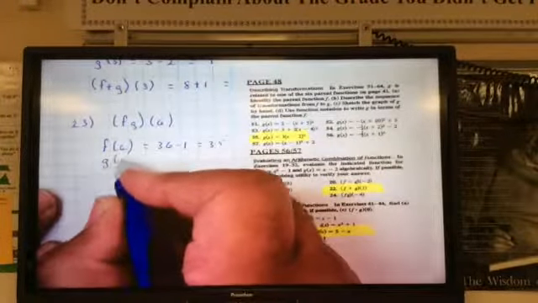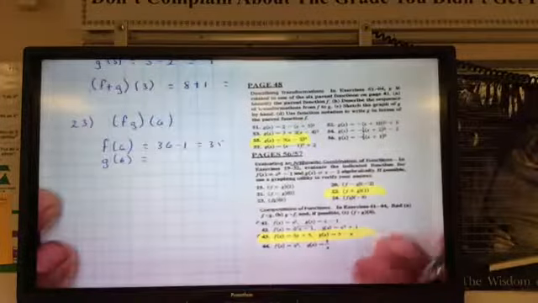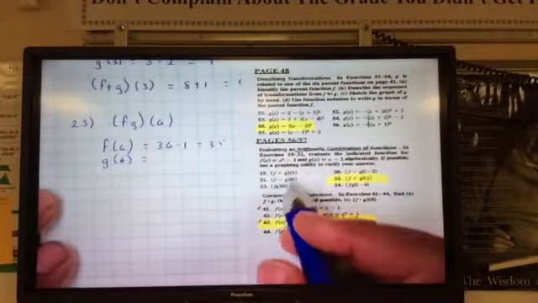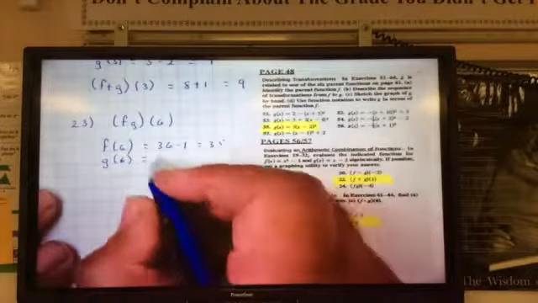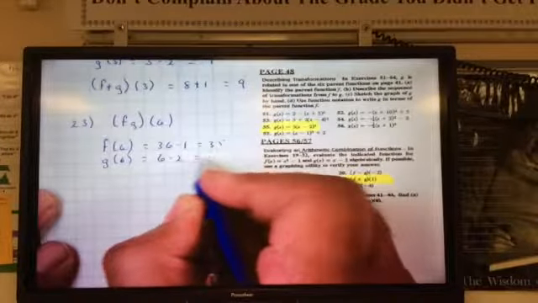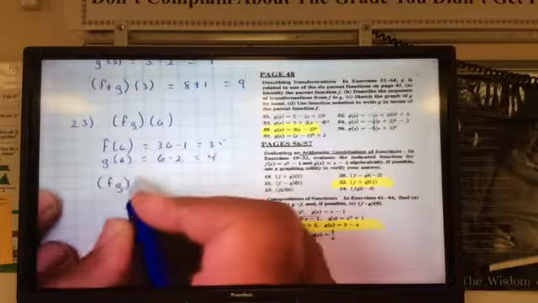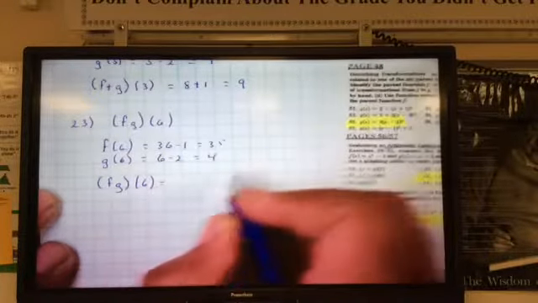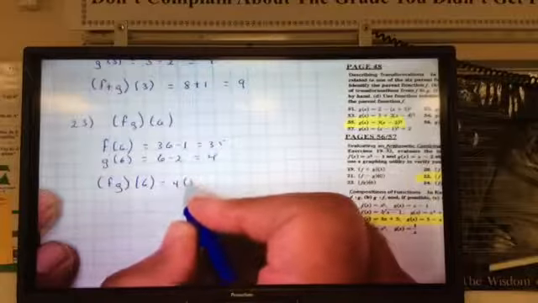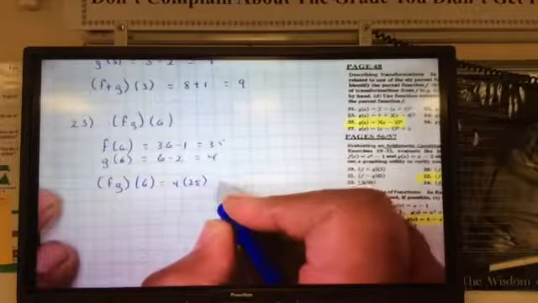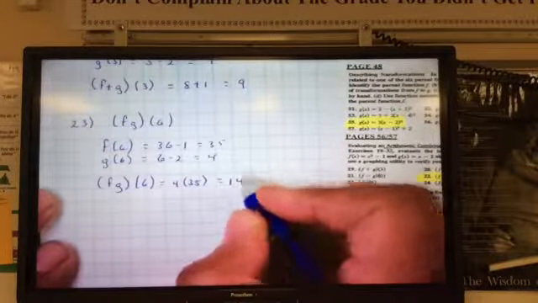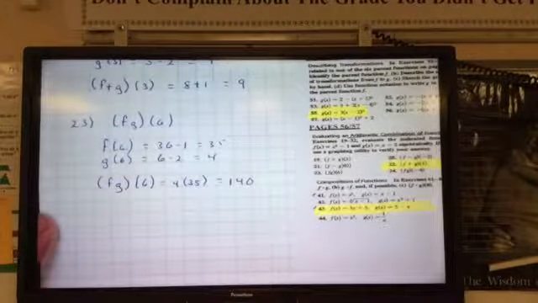And g of 6 is going to be 6 minus 2, which is 4. So f times g of 6 is 4 times 35, which is 140. And that takes care of the arithmetic.